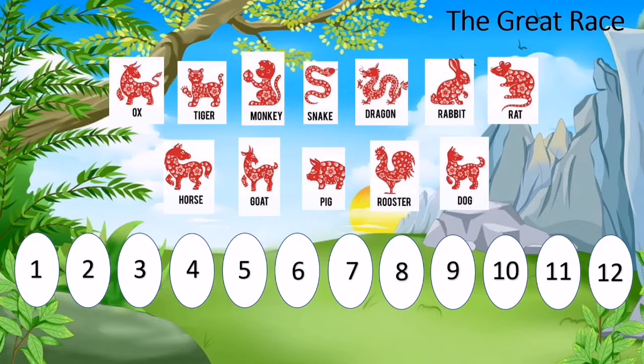According to the legend, the Jade Emperor made an order to designate animals as the calendar signs. These are the 12 animals that arrived first in the banquet. The one who got up early and rushed to the banquet was... Yes, that's the rat.